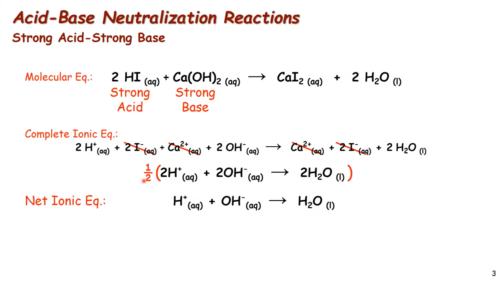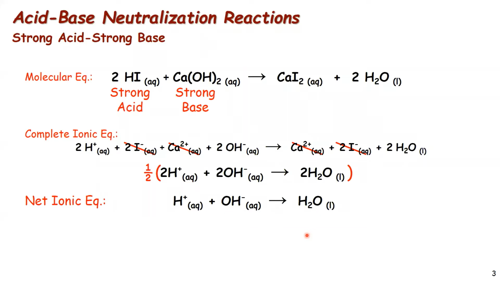So this equation is actually true for all reactions between strong acids and strong bases, with the exception of sulfuric acid, because with sulfuric acid, only the first hydrogen is actually strong. So it won't look like this for sulfuric. But for all other reactions between a strong acid and a strong base, your net ionic equation is just going to be H plus plus OH minus going to H2O.